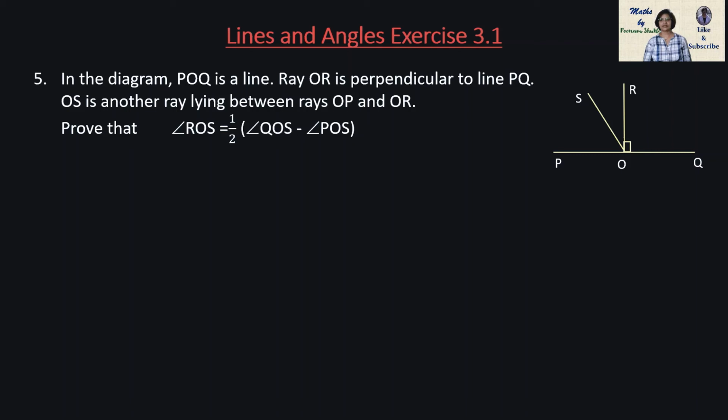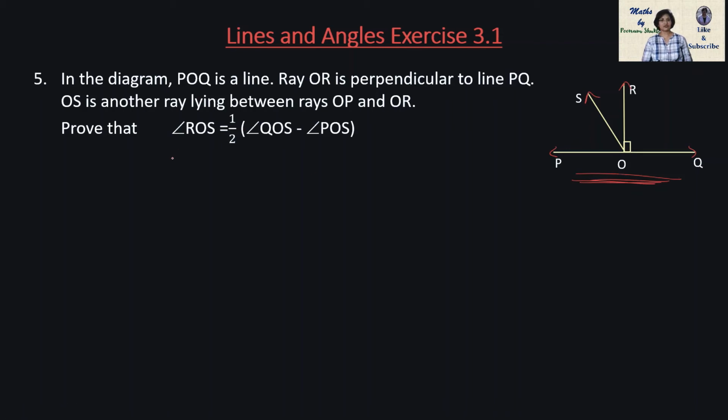So here we see in the diagram, line POQ is a straight line, and ray OR is perpendicular to line PQ. And OS is another ray lying between rays OP and OR.